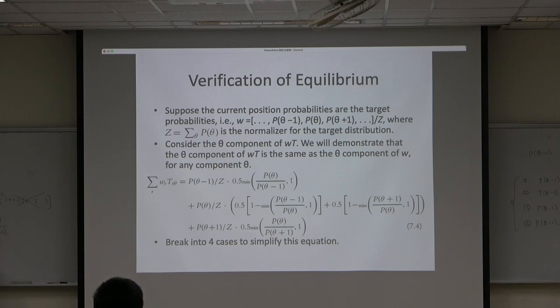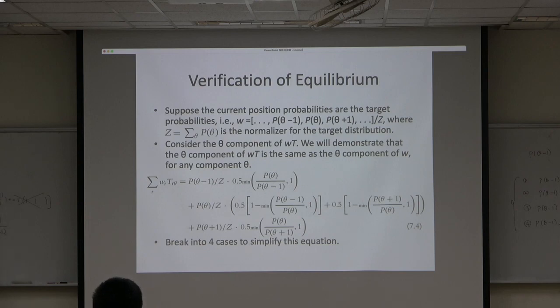And if you multiply this p theta into this parentheses, it becomes p theta minus p theta minus 1, right?